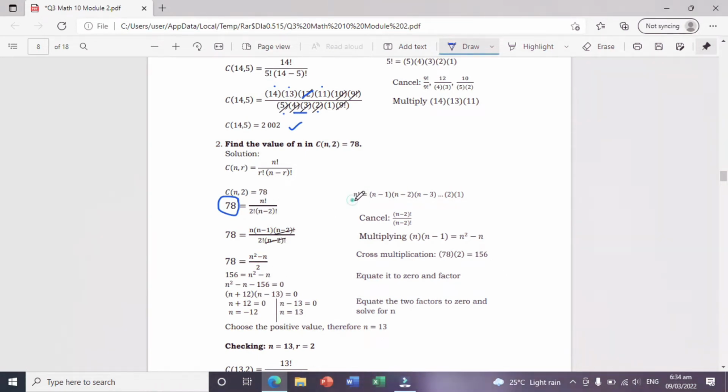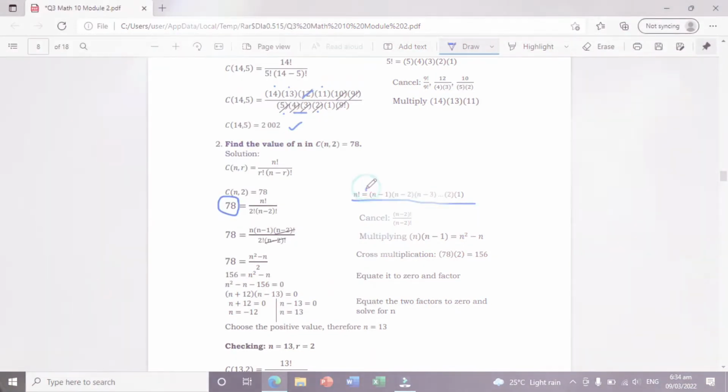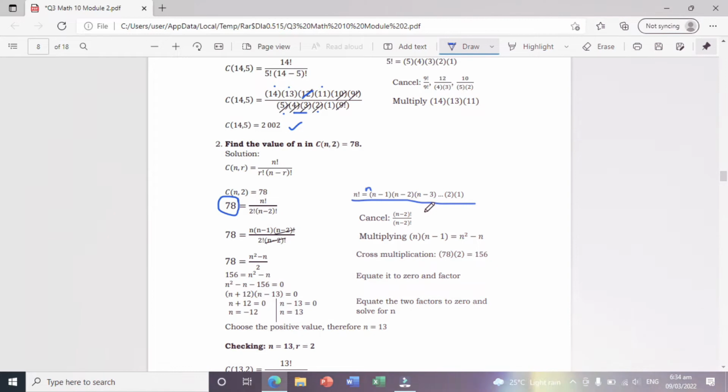Take note that n factorial is n times n minus 1 times n minus 2 times n minus 3, until we reach 1. Since there is n minus 2 factorial below, we only go this far, because the objective is to cancel n minus 2 factorial with n minus 2 factorial.